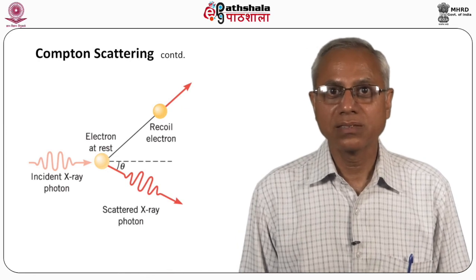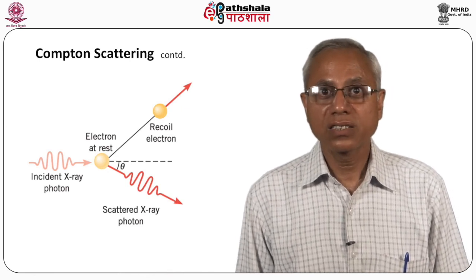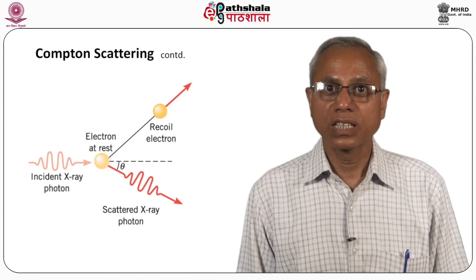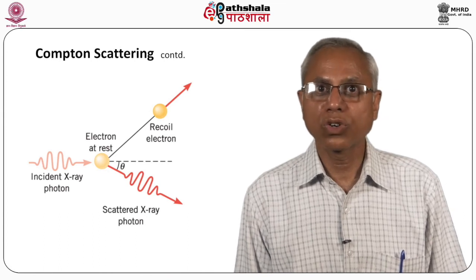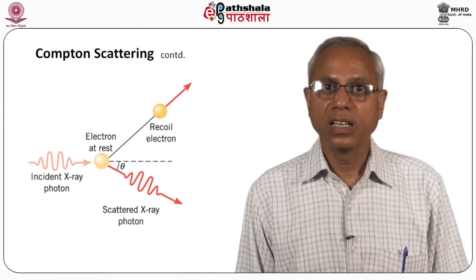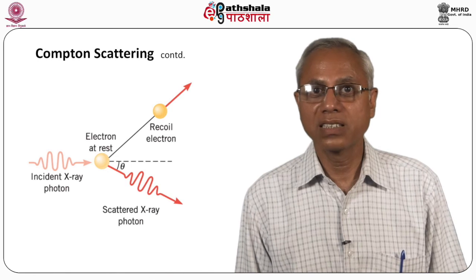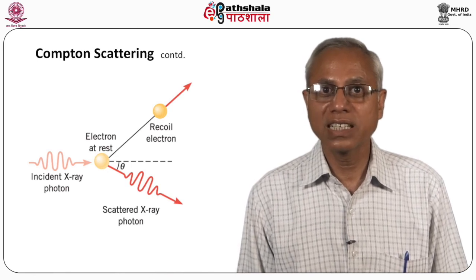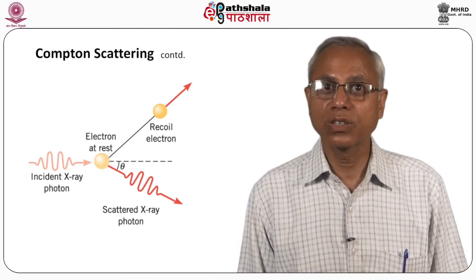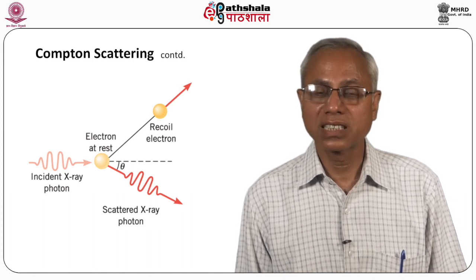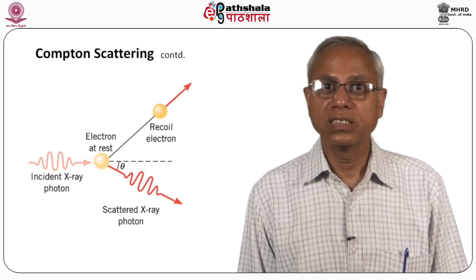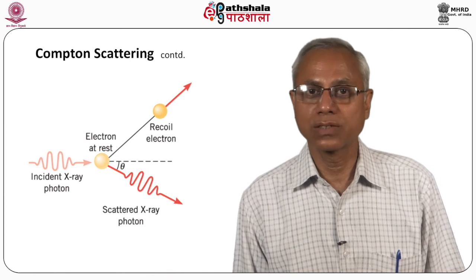After interaction, electrons are ejected out and these are called recoil electron or Compton electron. The incident X-ray are scattered at some angle theta, where theta is the angle from the direction of the scattered X-ray photon from the incident direction of the incident X-ray photon.